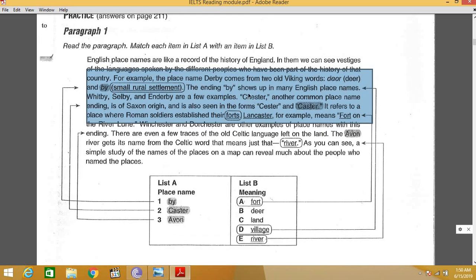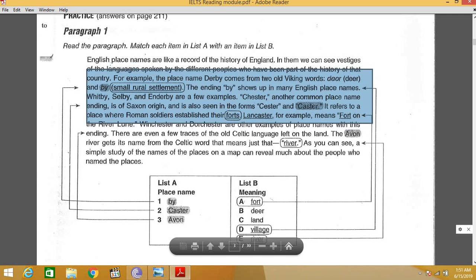When we read the whole sentence, Derby comes from two old Viking words, and by means small rural settlement. There you find the definition following the word by. So the answer is small rural settlement. When we simplify this, it means the village. So the answer to question A is D.